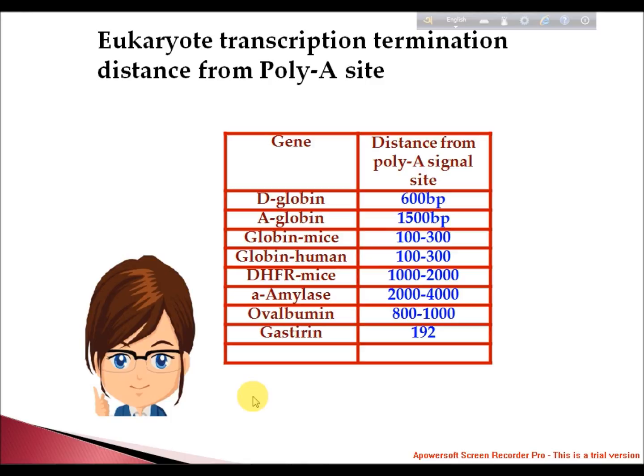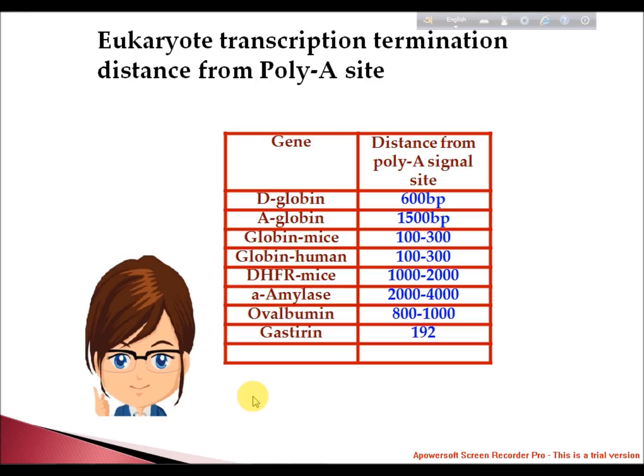In addition to the poly A signal, at 24 to 34 nucleotides downstream from the poly A signal, another sequence, GU and U rich, is found in pre-mRNA. The GU and U rich sequence in mRNA is required for processing.